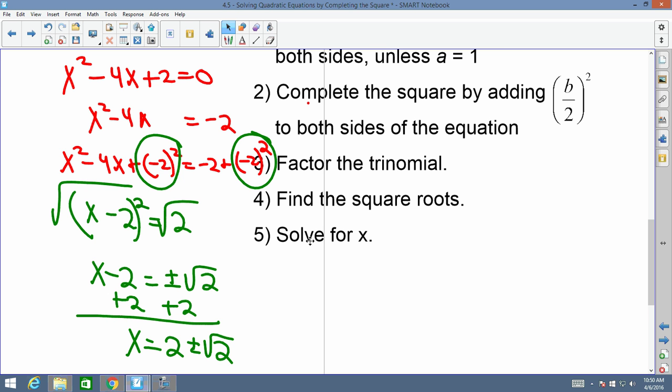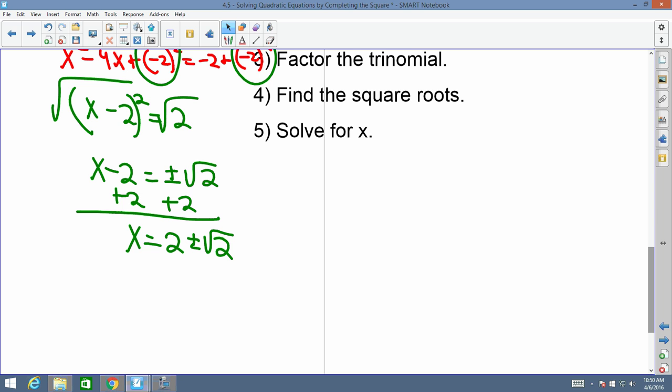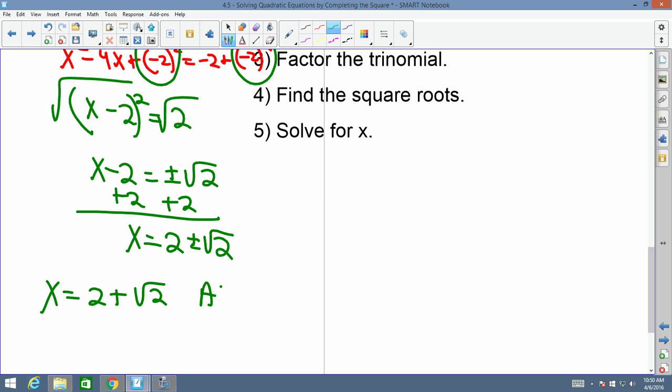Now, some of you may say, okay, not bad, Moro. How do I plot those points there, though, dude? What the heck do I do? Well, think about it. X here equals 2 plus square root of 2, and it also equals 2 minus square root of 2.